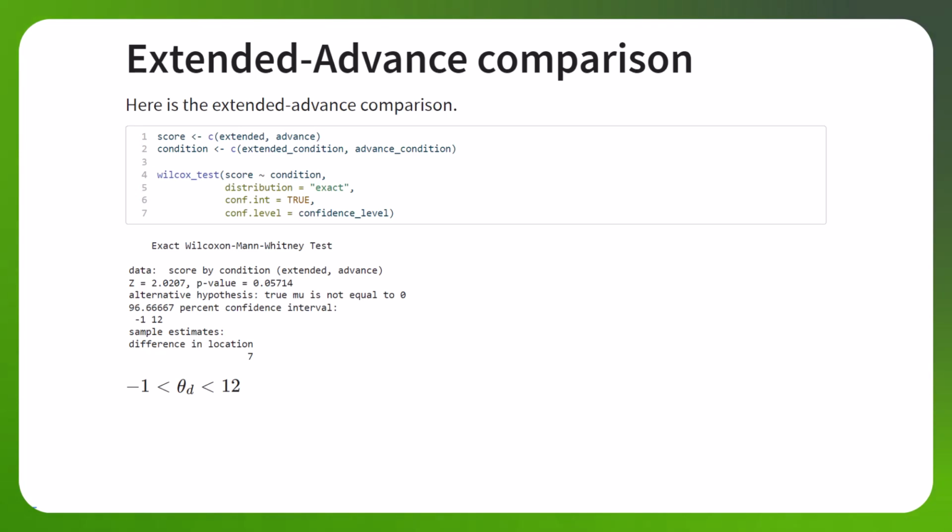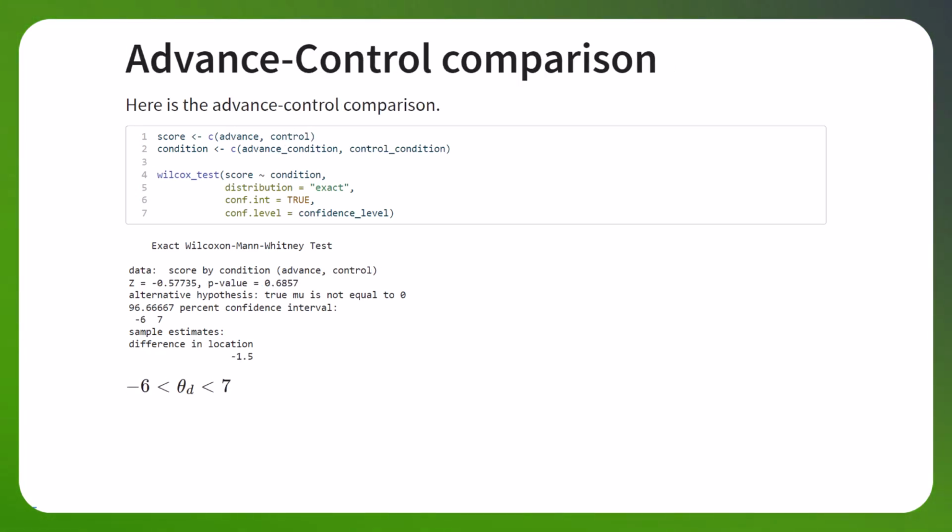Throughout all of this, in all three of these comparisons, don't forget to focus also on what actually happened in your sample. In this particular case where I compared advanced to control, I had a median difference estimate of minus 1.5. That is, theta hat sub d is minus 1.5.